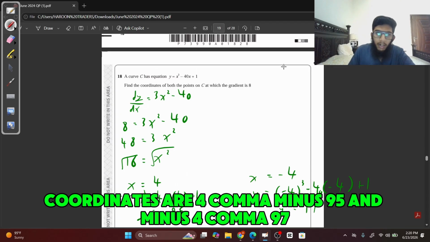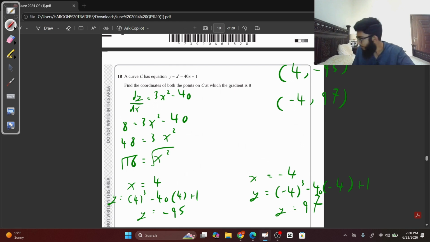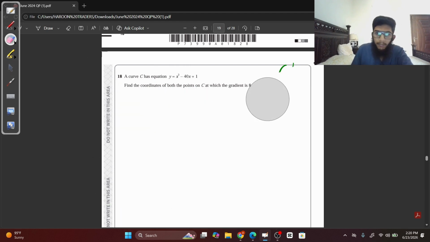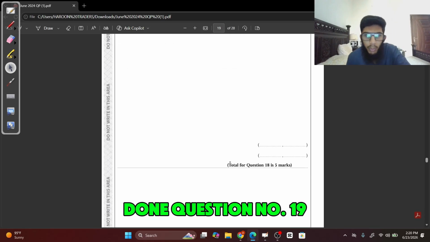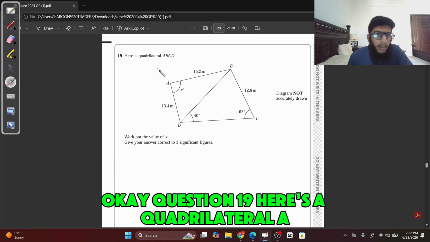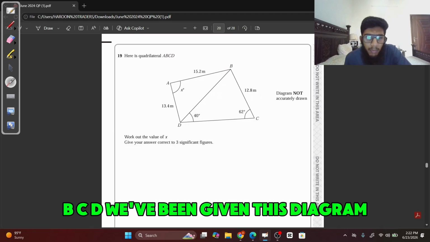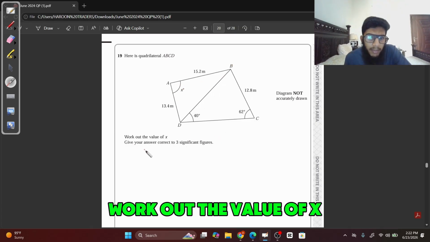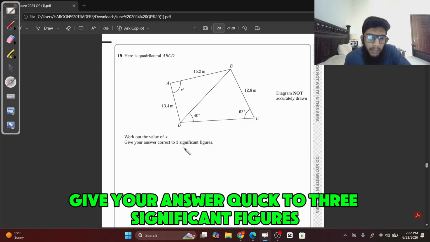So our coordinates are 4 comma minus 95 and minus 4 comma 97. Okay? We have to use differentiation for this question. Done. Question number 19. Here's a quadrilateral ABCD. We've been given this diagram. Work out the value of x. Give your answer correct to 3 significant figures.